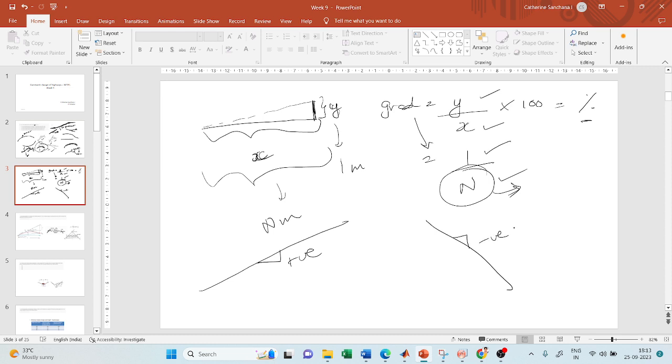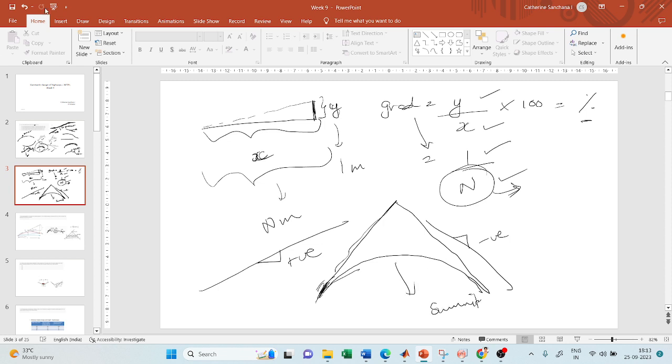Usually, a summit curve is formed when a positive gradient meets a falling gradient. Gradient is the tangent at a point, right? So you draw a tangent at this point, a rising gradient, and when it meets a falling gradient, you will have a summit curve. But it is not always the case.